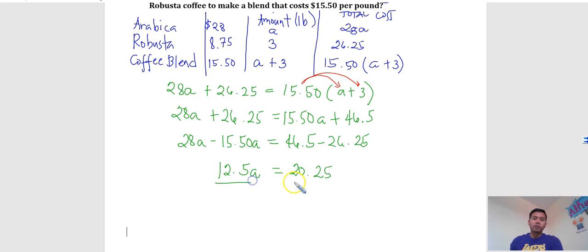Then we have to divide both sides by 12.5, which is the coefficient of a, to get the value of a. So our a now is equal to 1.62.